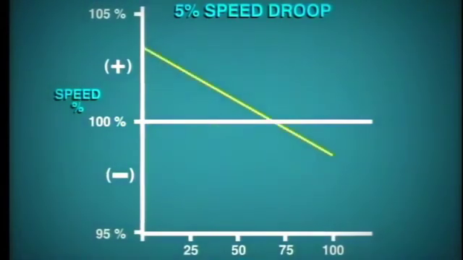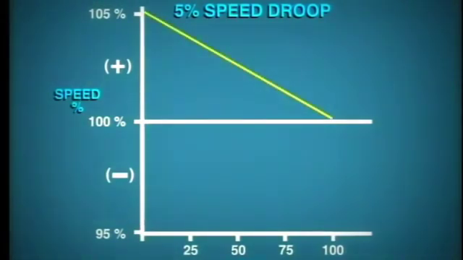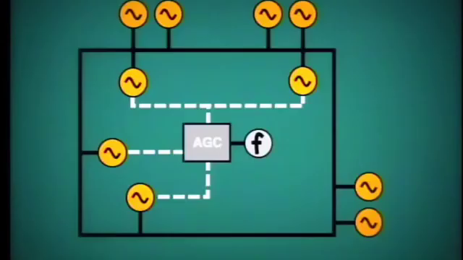This can be done by the operator at various intervals or by automatic frequency control devices. Usually, certain generators on the system are selected to operate as regulating units, receiving immediate signals from the AGC system to correct frequency. The objective of the speed droop setting is to ensure stable operation of generators which are connected in parallel on the power system.